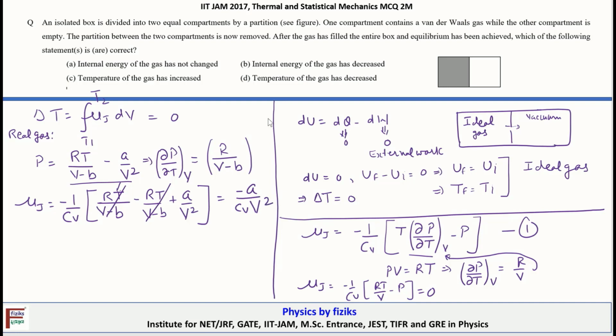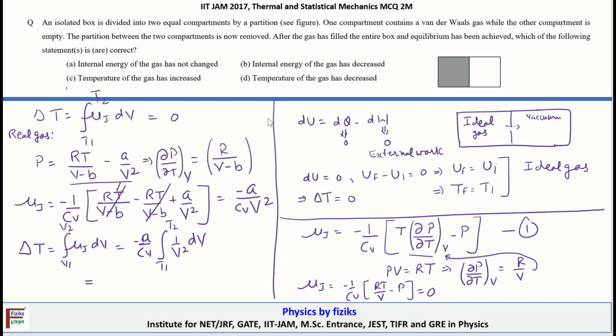Now the temperature change when we have the real gas which undergoes free expansion: delta T is equal to the integral of μ_J dV from volume V1 to V2, and that is equal to minus a upon Cv times the integral of 1 by V square dV.